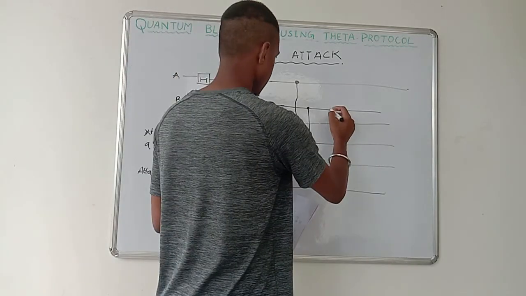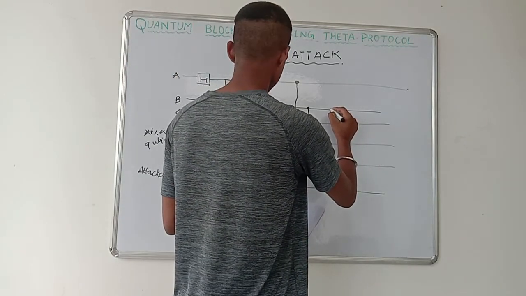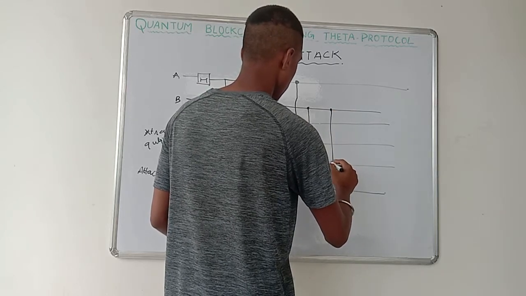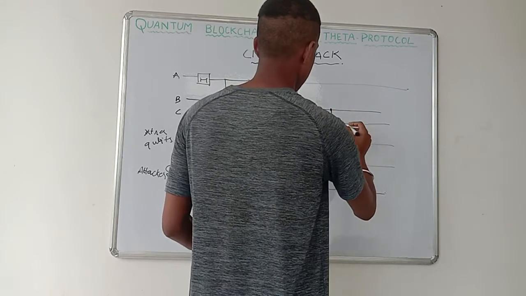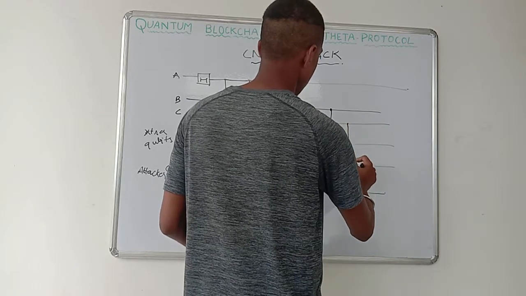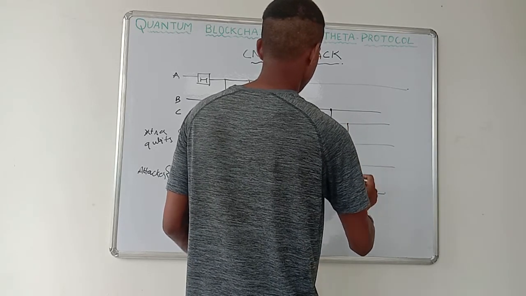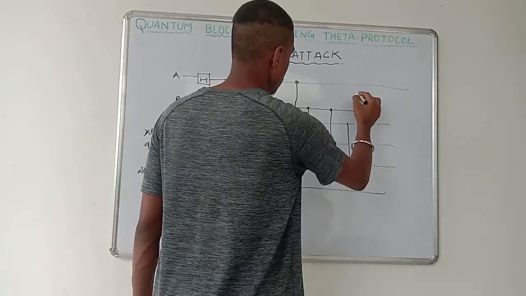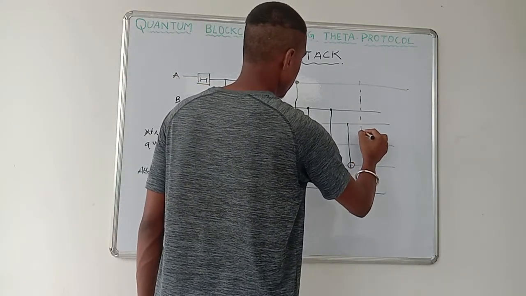Again, from this, with control to the target, and control and target. These are the 4 CNOT gates which are used for the detection of the CNOT attack.